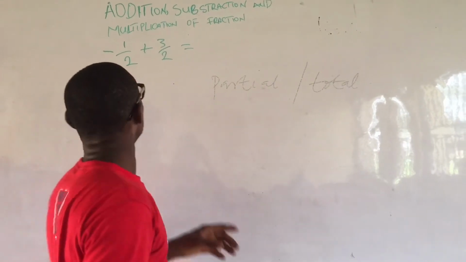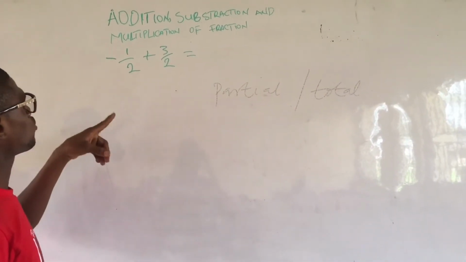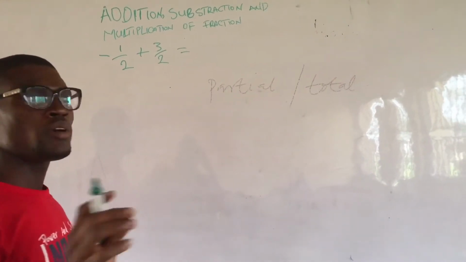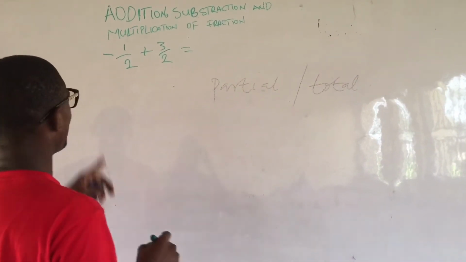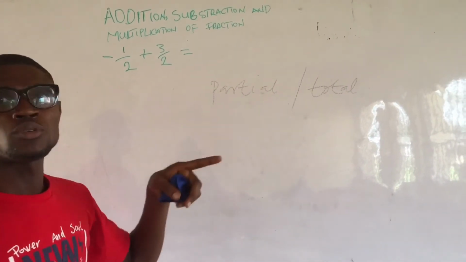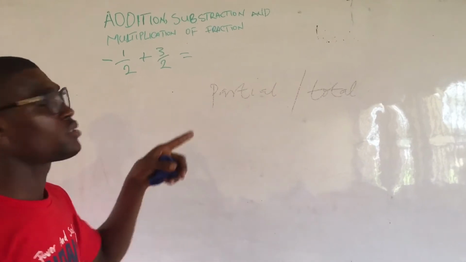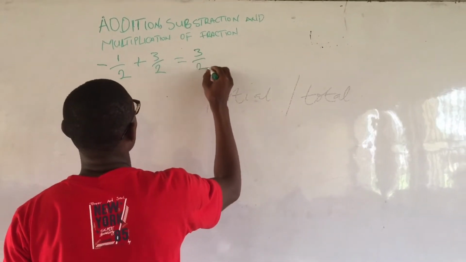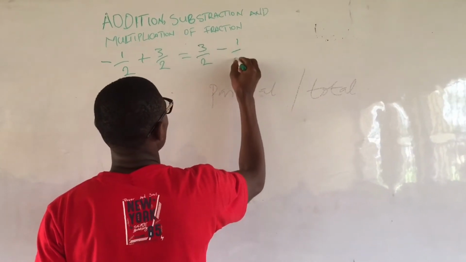Now, we have minus 1 over 2 plus 3 all over 2. And remember, in the previous video, I said when you have minus plus, the plus will be invisible, while the minus sign will be visible. And this can also be written as 3 all over 2 minus 1 all over 2.